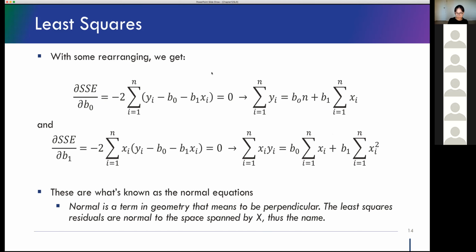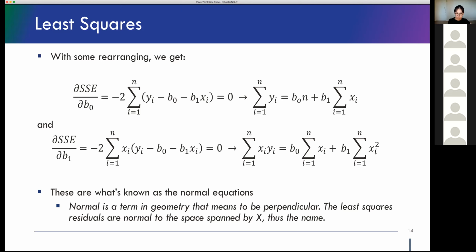We rearrange and we get this, and with these two equations, we can solve for the two unknown values, B0 and B1. And they are called normal equations.